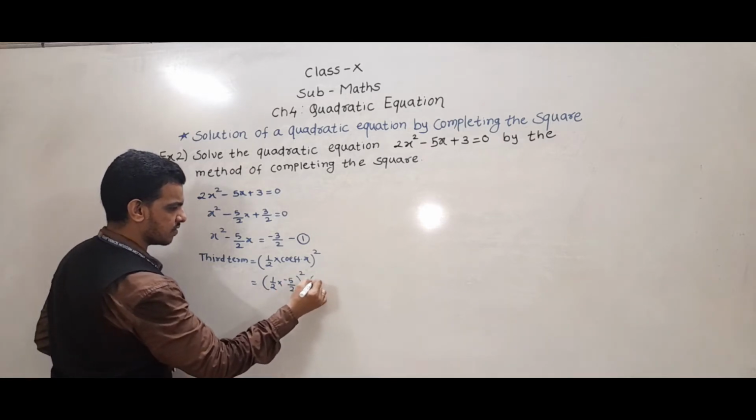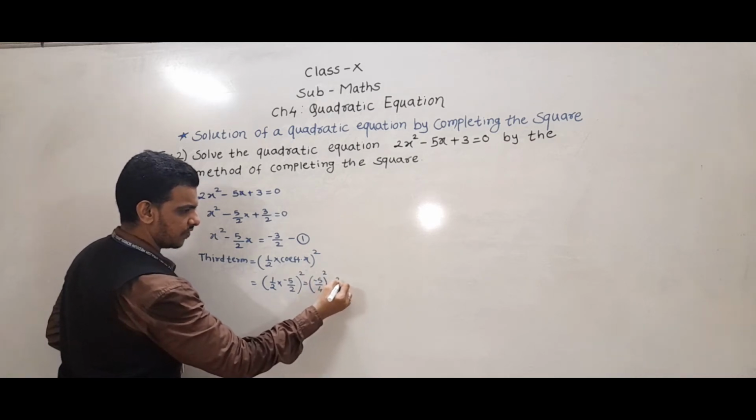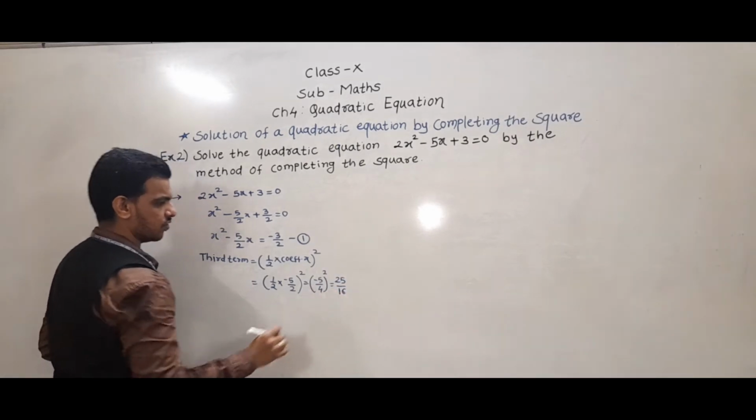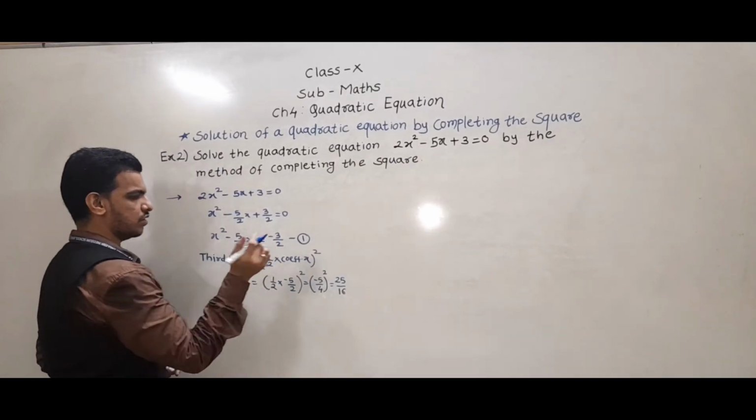So it is minus 5 by 4 square, that is 25 by 16. Okay. Now this third term we have to add in equation number 1.